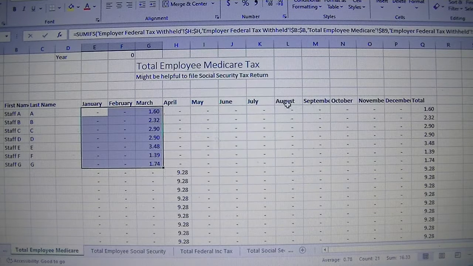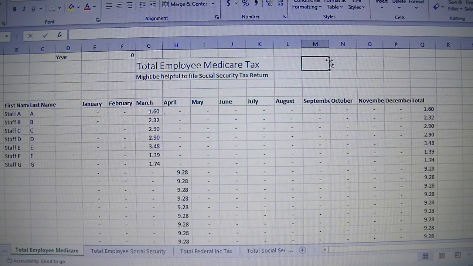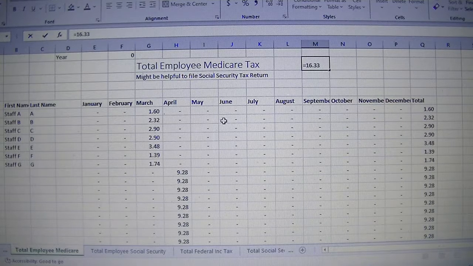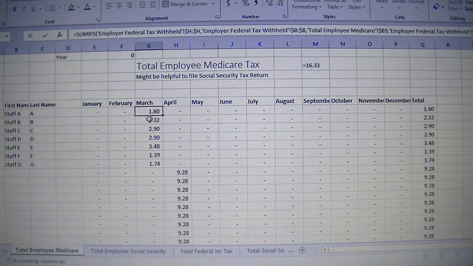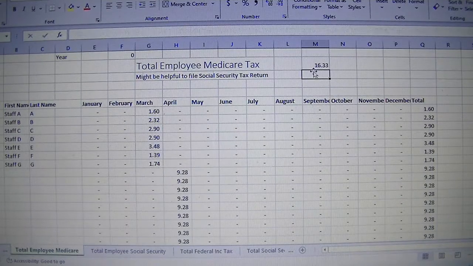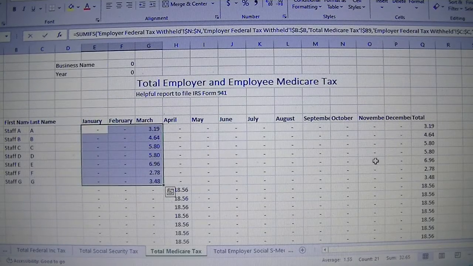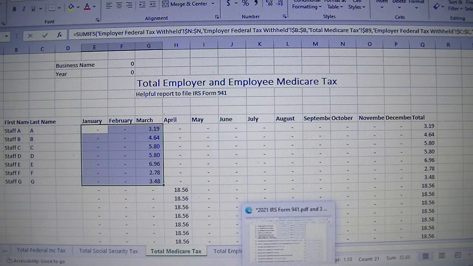For the employee it is 16.33, I believe. So if we take that times 2, it's 32.66. And if we go back to total Medicare, 32.65. So it's a rounding issue.